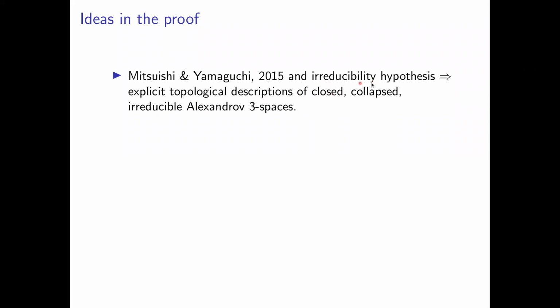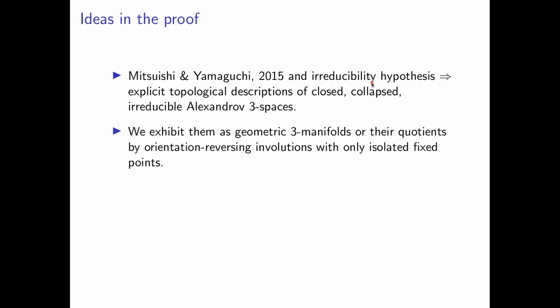And irreducibility here means that if you have a two-sided sphere in the space, then it bounds a disk. And if you have a two-sided RP2, then it has to bound a cone over RP2. That is the definition of irreducibility, and then that lets you get a hold on the topology.